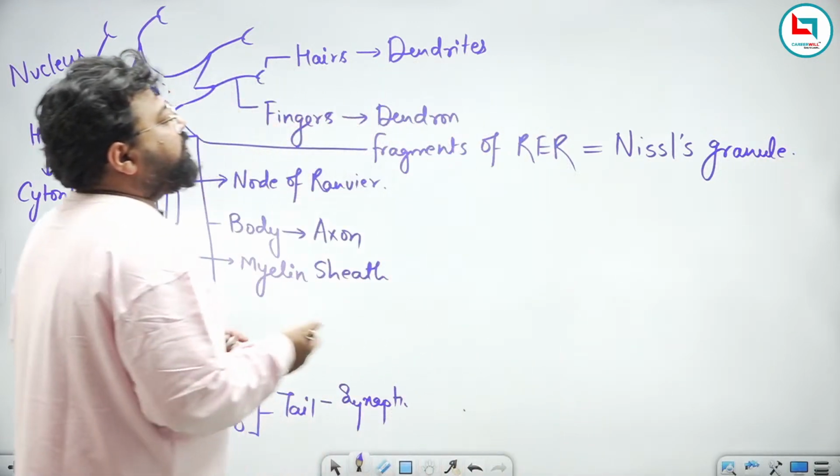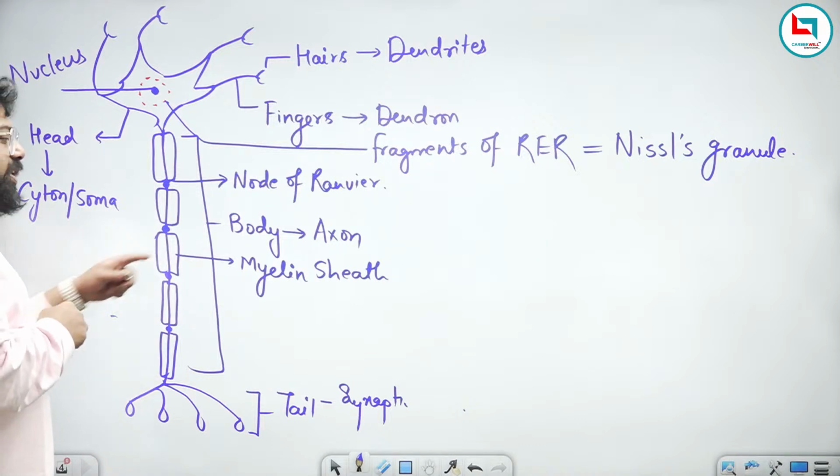Now in our nervous system, many neurons possess this myelin sheath.